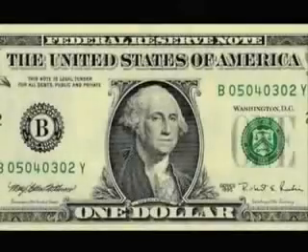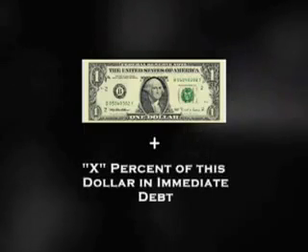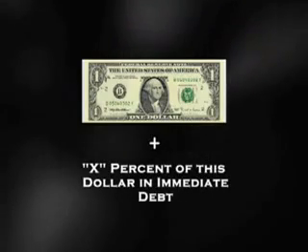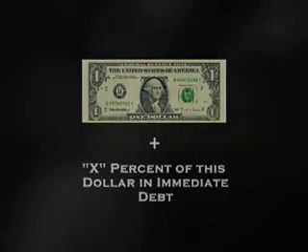It doesn't take a lot of ingenuity to figure this scam out. Every single dollar produced by the central bank is loaned at interest. That means every single dollar produced is actually the dollar plus a certain percent of debt based on that dollar. And since the central bank has the monopoly over the production of the currency for the entire country, and they loan each dollar out with immediate debt attached to it, where does the money to pay for the debt come from?